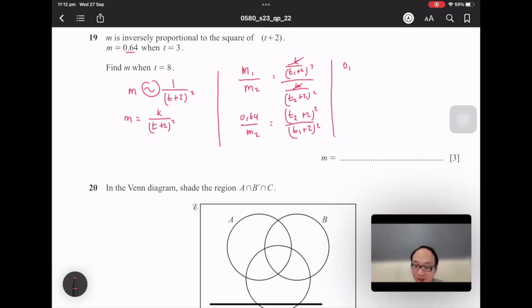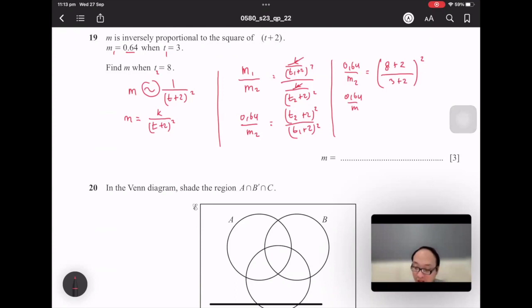So 0.64 over M2, I can combine this. This is T1, this is M1, and this is T2. So T2 is 8, so 8 plus 2. T1 is 3, so 3 plus 2.